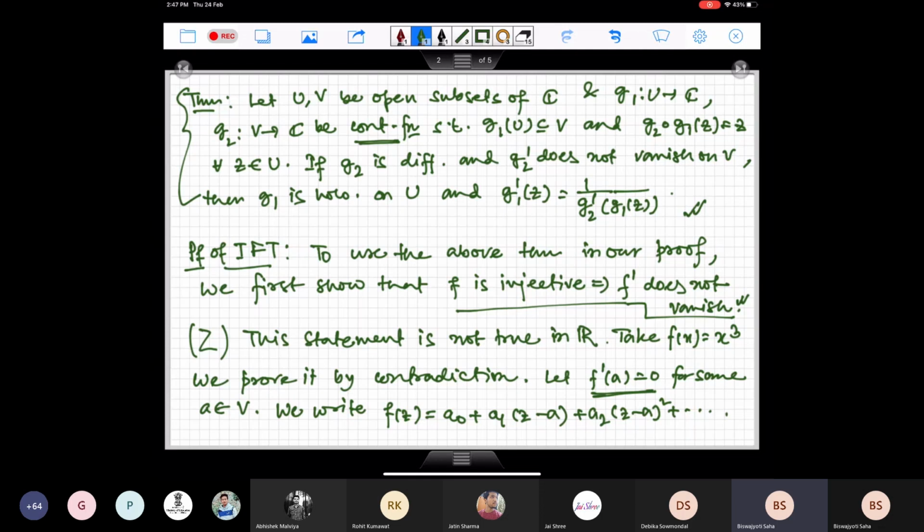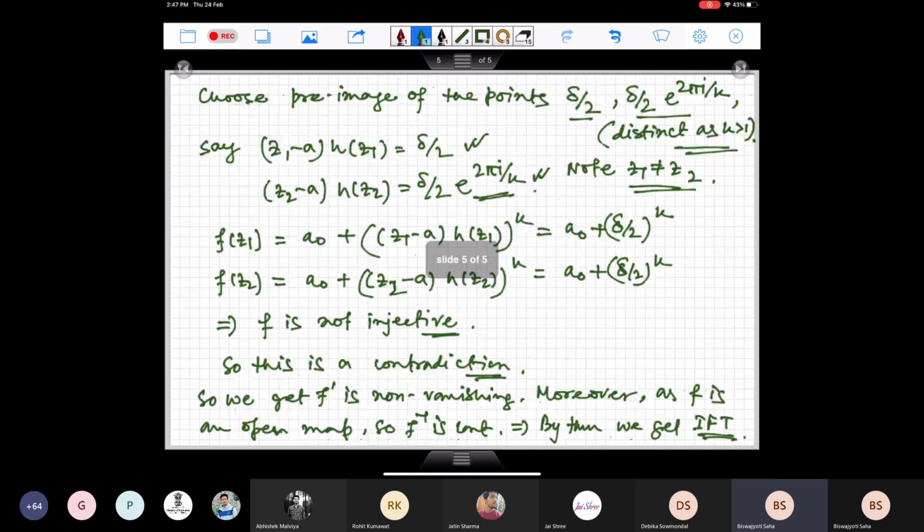Now you can see why this same argument does not work, for example, in R, for a very simple reason. If k is odd on R, you are not going to have any kth root of unity other than 1.